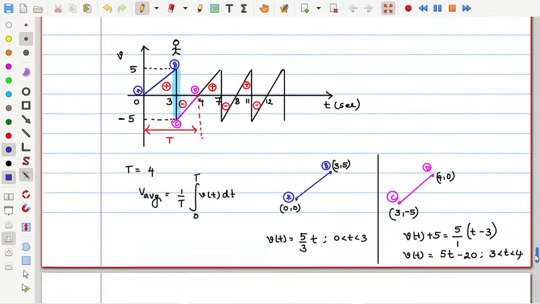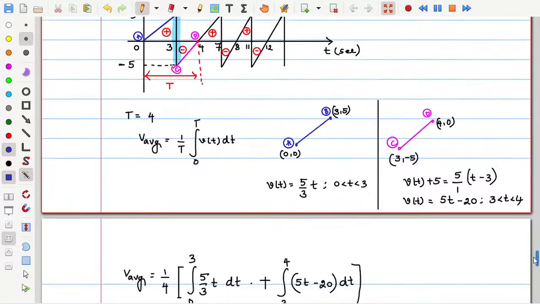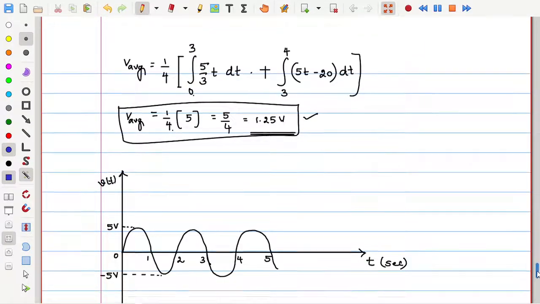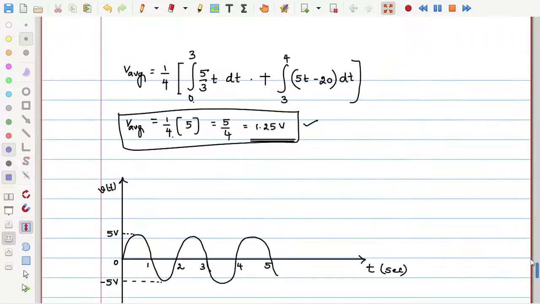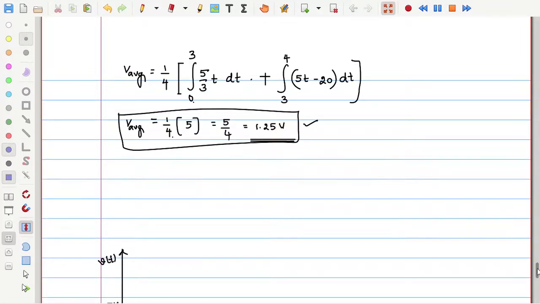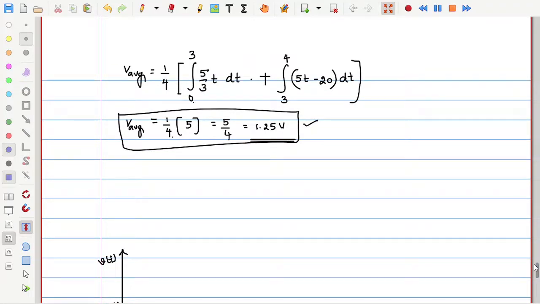Similarly, try for this same waveform, for this problem. Average values we already found. So now let me create some space here so that there is no disturbance. Now what we do?